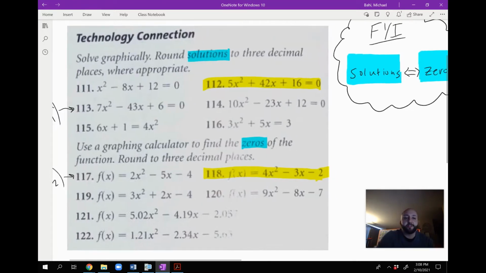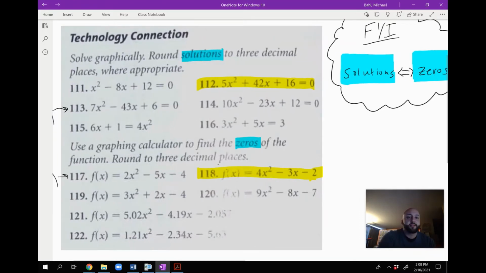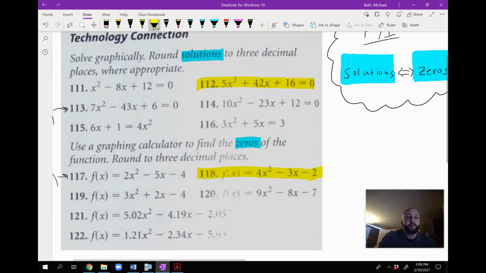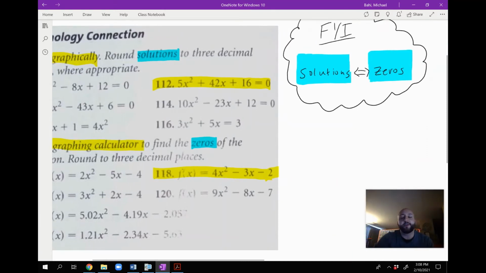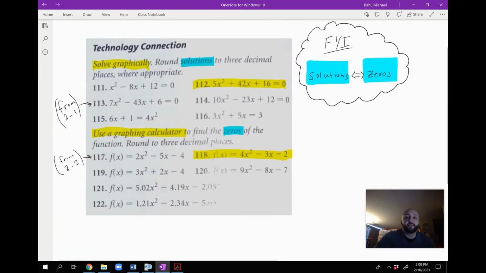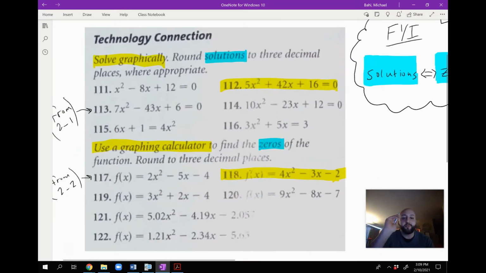Even the directions are kind of different. It says solve graphically, round solutions, and then here it says use a graphing calculator to find the zeros. Remember, solutions and zeros are the exact same thing. All these problems from 111 through 122 are going to be done the same way.